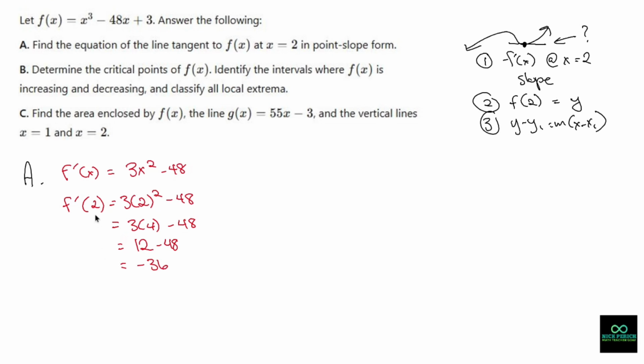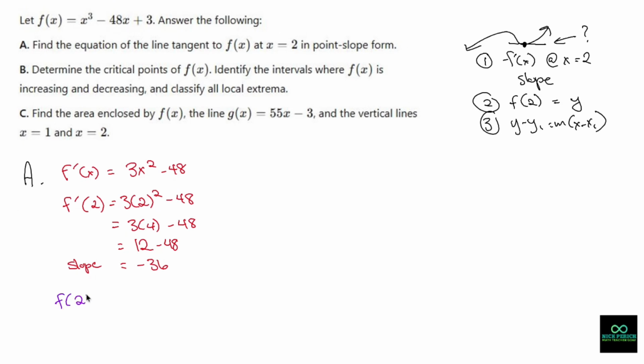So our slope is negative 36. Okay, so that's part 1. Now for point slope form, we found our slope. Now I need to find our point. Our point, we have half of it, x equals 2. I need the y value, so let's plug in 2 into this original problem.